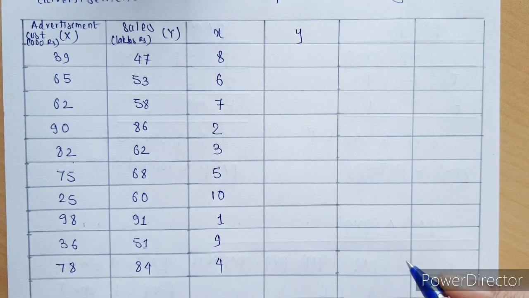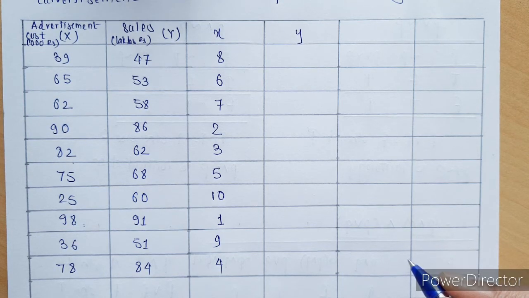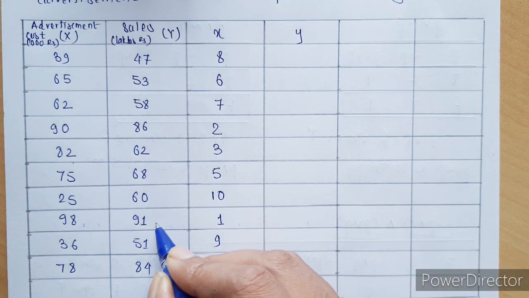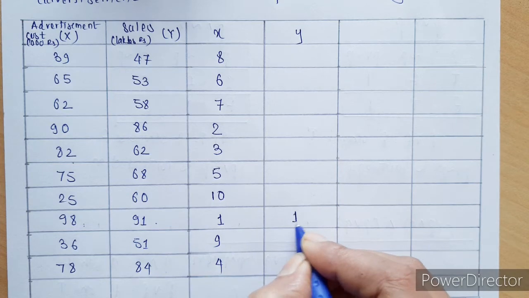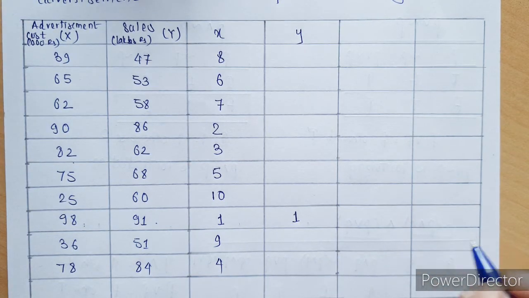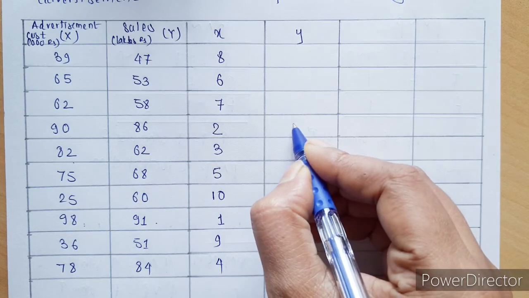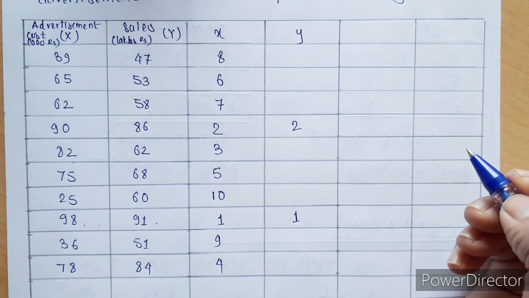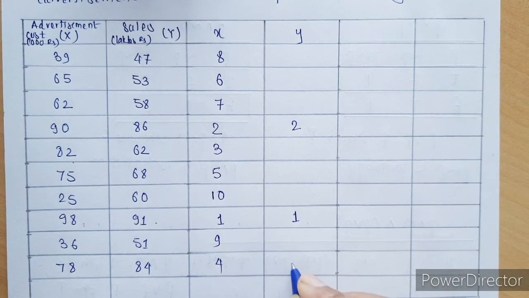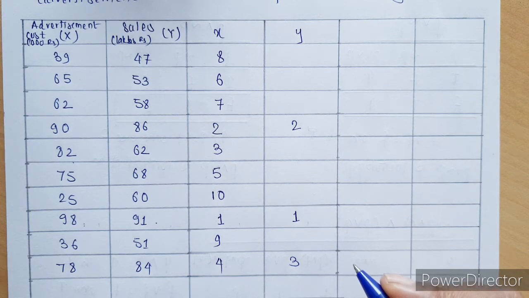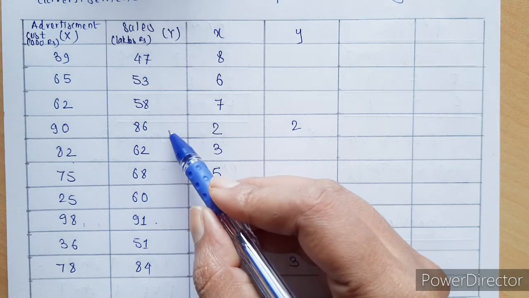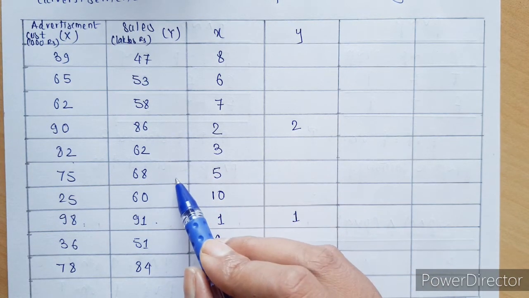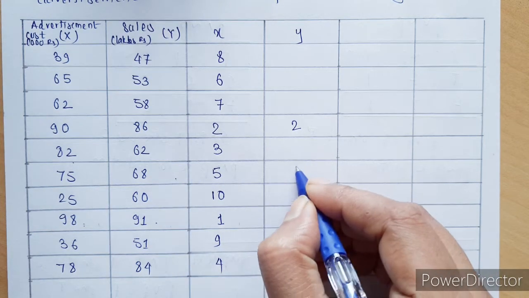Similarly, we have to rank the values of sales, that is variable y. In variable y, the highest value is 91, which gets rank 1. The second highest value is 86, so rank 2. The third highest value is 84, so rank 3. After 84, we have 68, which gets rank 4.